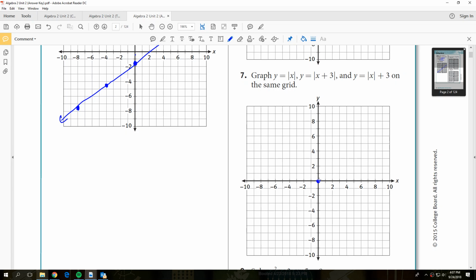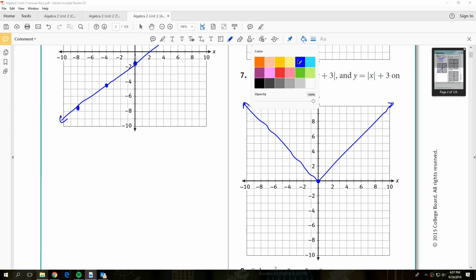Next up, number 7, we'll graph the absolute value of x, which has a vertex as the parent graph at 0, 0, and it just goes up like that, and over here like this as well. That gives you this V shape. Okay, and this guy right here, x plus 3, let's use a different color here. This is going to shift to the left 3. So the vertex goes 1, 2, 3 over.